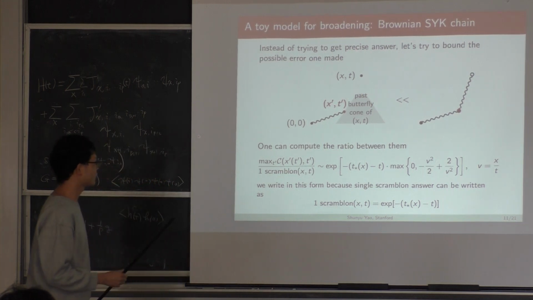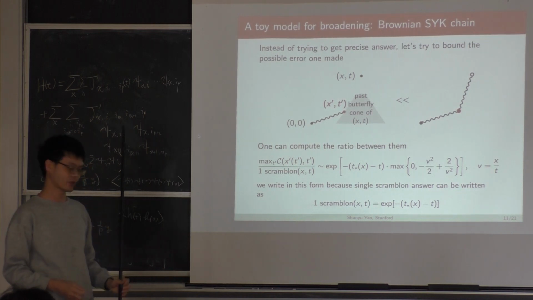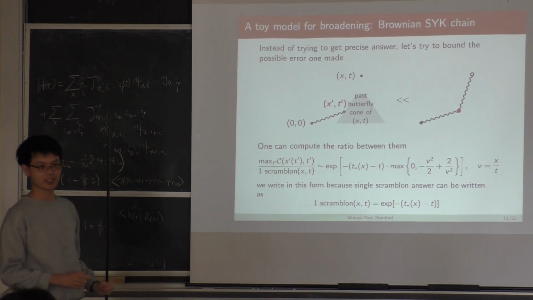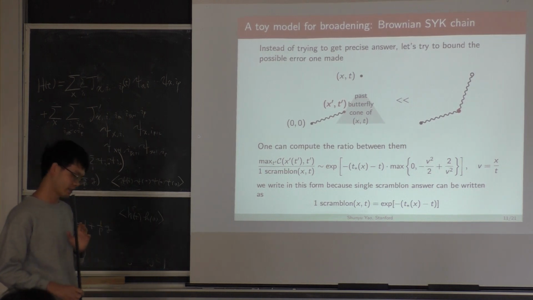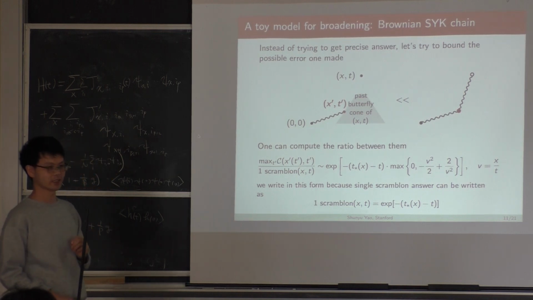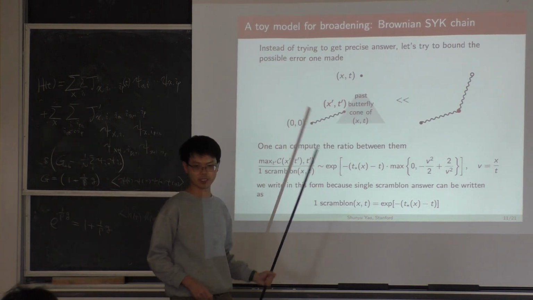So instead of trying to calculate the precise answer for HH propagator using all this resummed diagram, during the talk, let's just do something simple. Let's just try to estimate how much error we have made in just writing down that leading HH propagator.